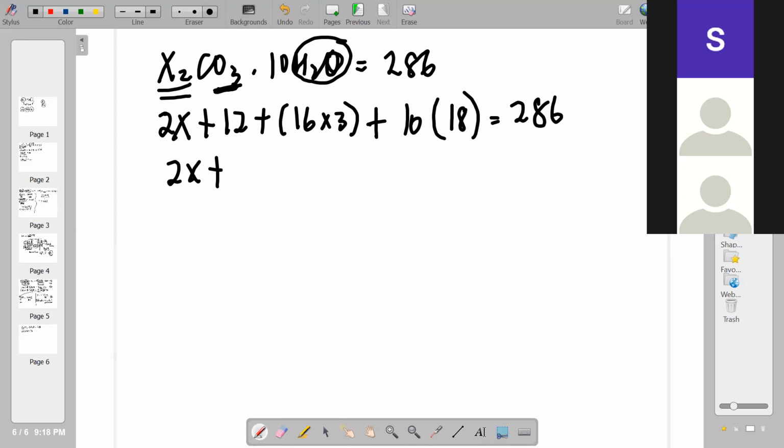Okay, Karthikeyan. Yes, that's me. So 16 times 3 is 48. 48 plus 12 is 60. 60 plus 180 is 240. So 286 minus 240 would be 46. 46 divided by 2 would be 23.